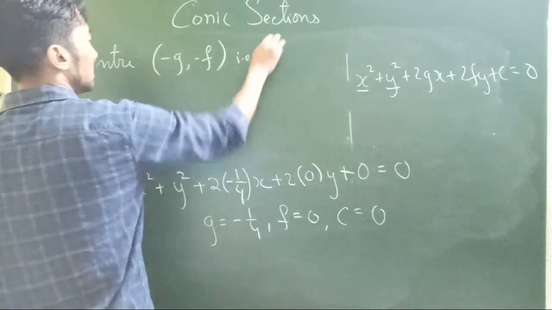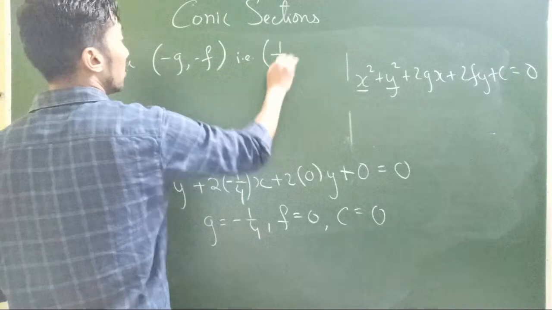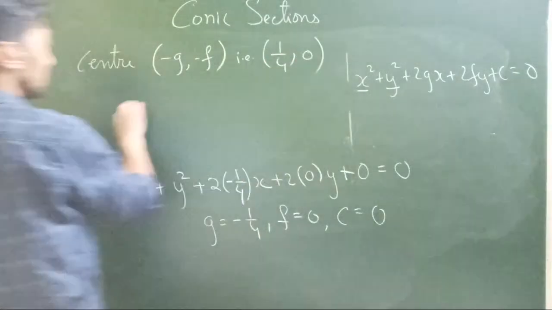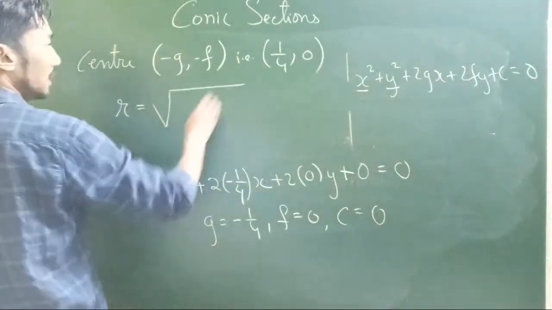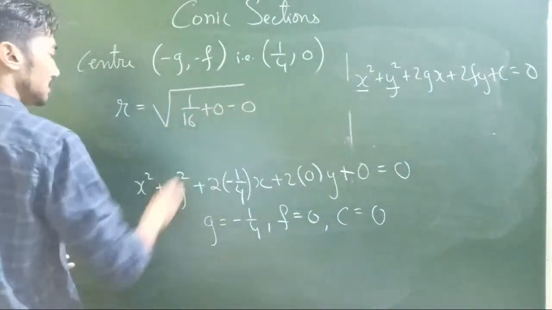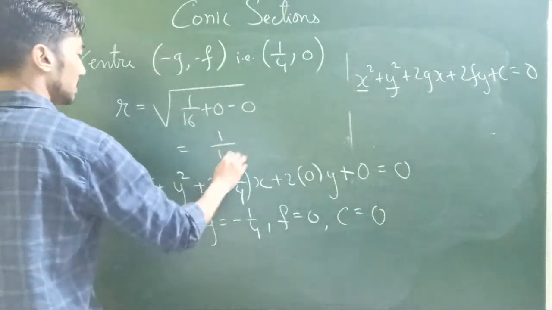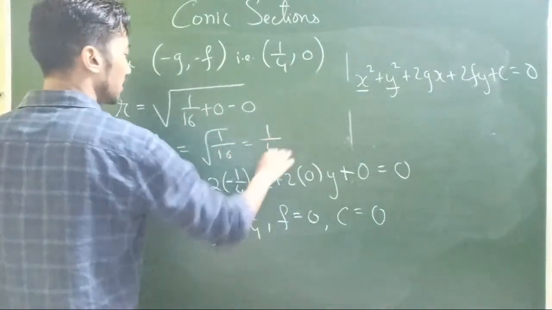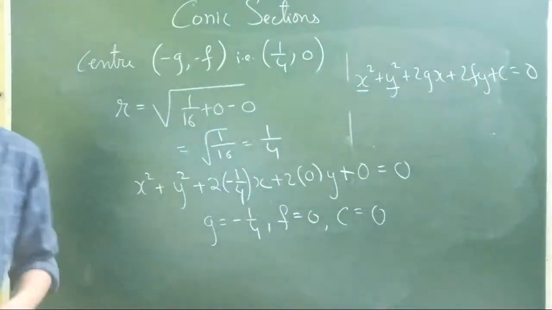So that is minus g, that's 1 by 4. F, no problem, 0. And radius, g square, that is 1 by 16. F square minus c. So that's 1 by 16. So radius is 1 by 4.